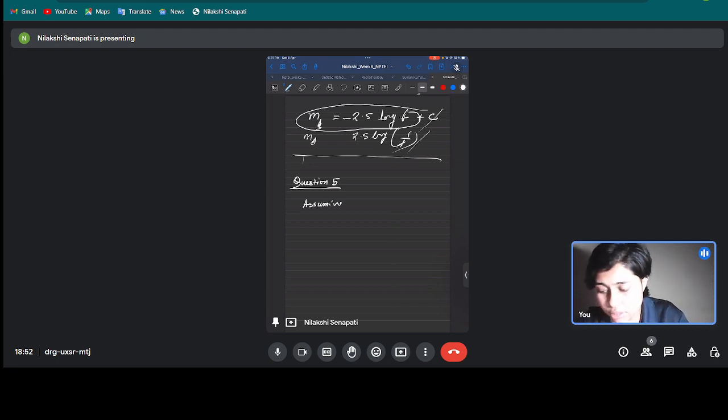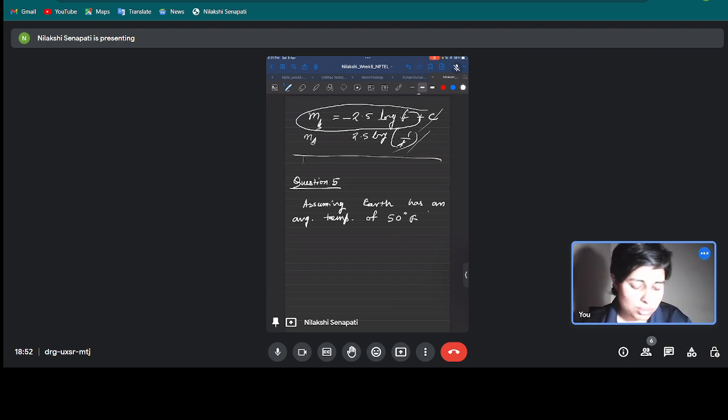Assuming Earth has an average temperature of 50 degree Fahrenheit, or maybe I can tell you that you need to calculate in Kelvin. That is one part of this question, or maybe I can give you directly the Kelvin value, suppose it is 300 Kelvin.